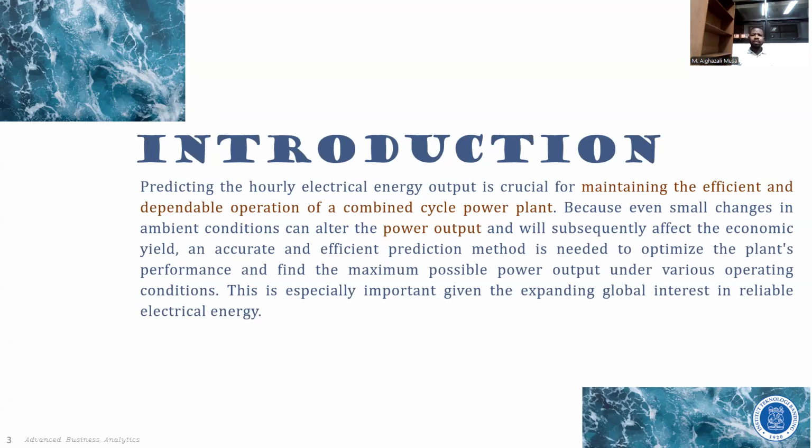And after that, it will affect the economic yield, which we are seeking the most. So accurate and efficient predictions are necessary to optimize the plant's performance in order to find the maximum possible power output under various operating conditions.